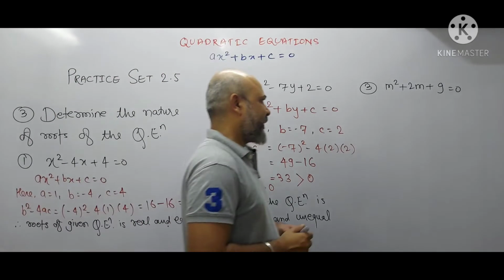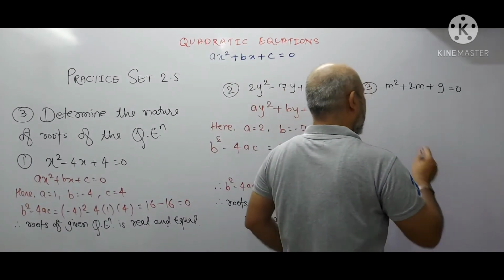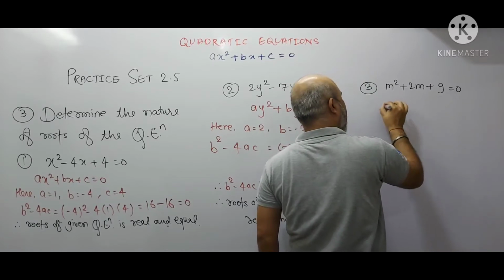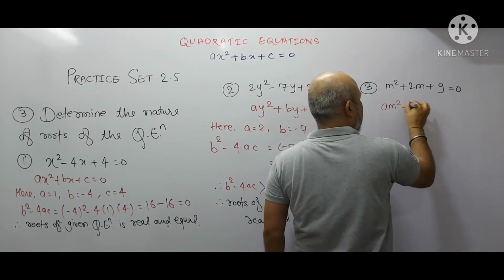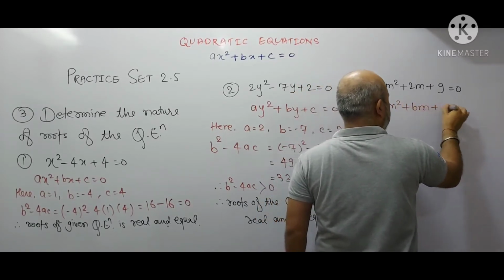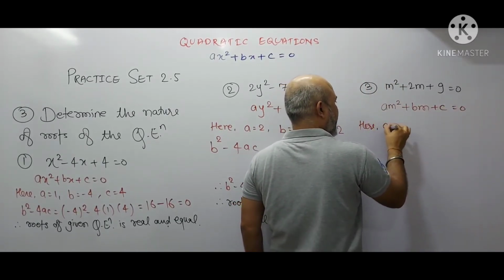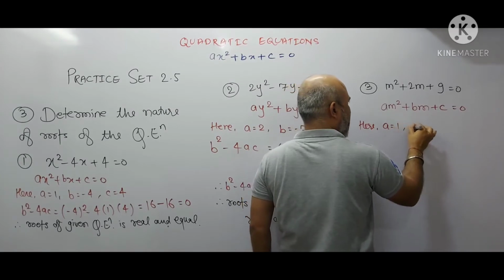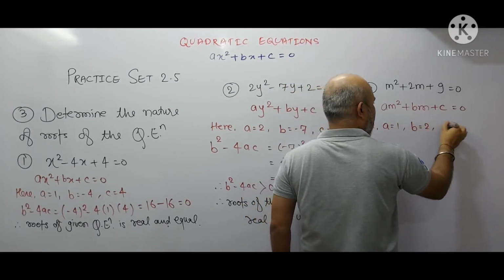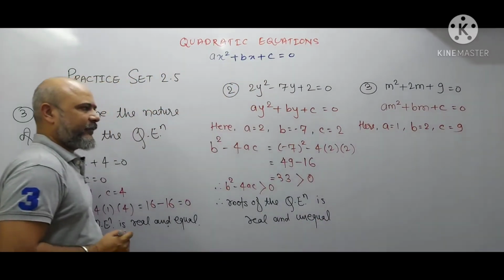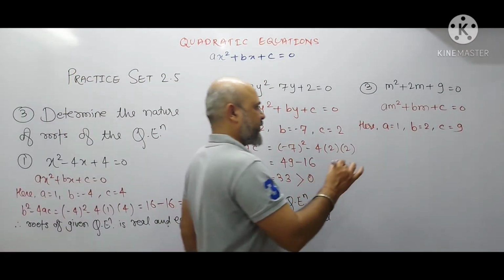In the third quadratic equation, again we will compare this with the standard form, that is am square plus bm plus c is equal to 0, and here we will get the value of a is 1, b is 2 and c is equal to 9. Now we will find the value of b square minus 4ac.